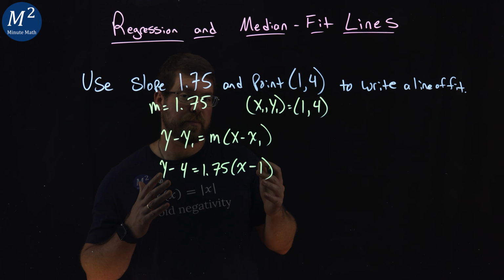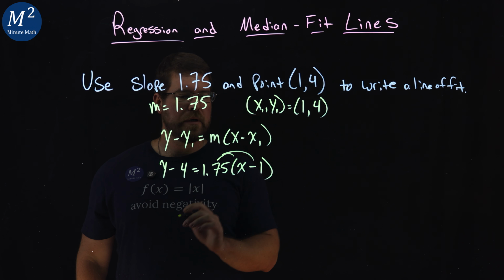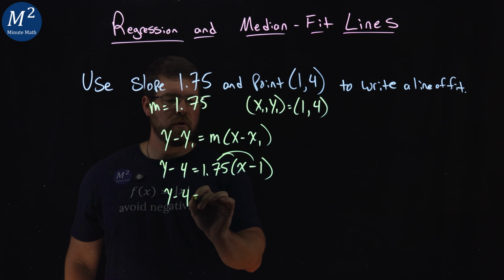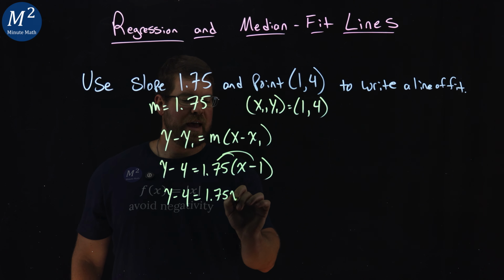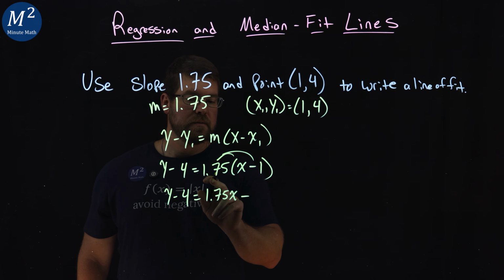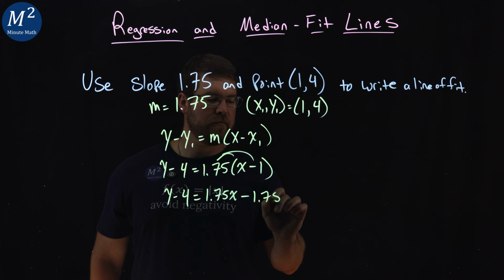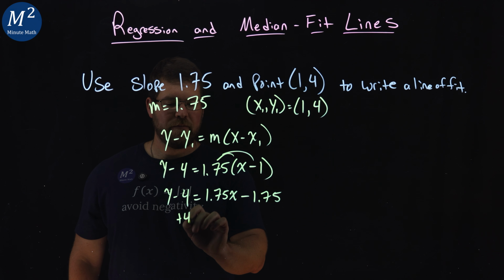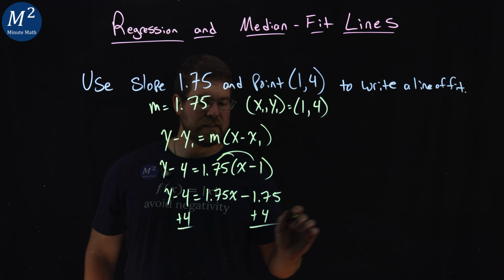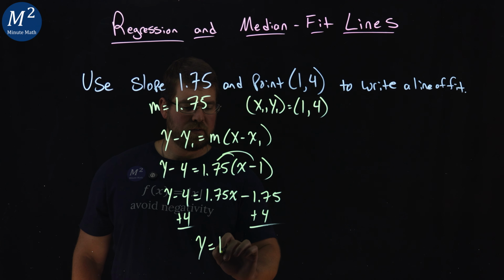So I'm going to simplify this. Distribute the 1.75, so I have y minus 4 equals 1.75x minus 1.75 times 1, which is minus 1.75. I then want to add 4 to both sides of the equation so y is by itself.